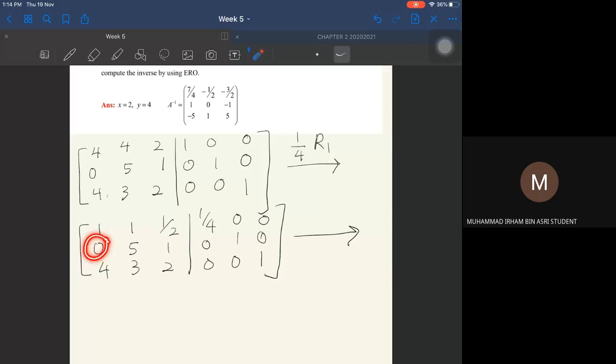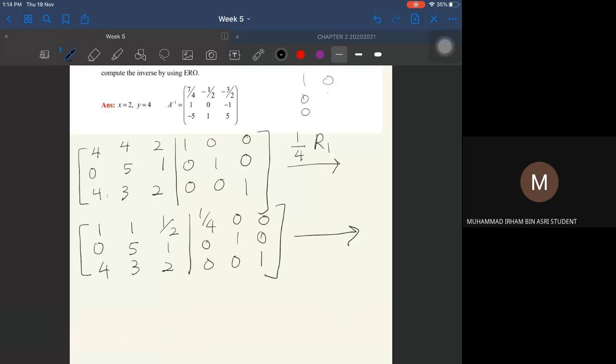Jadi dah jadi kosong. So kita nak jadikan 4 ni kosong. Macam mana nak buat? Sama juga. Tak bolehlah sama juga. Kalau sama juga dia jadi 1. Saya nak suruh dia jadi kosong. Identity kan? Tolak 4.